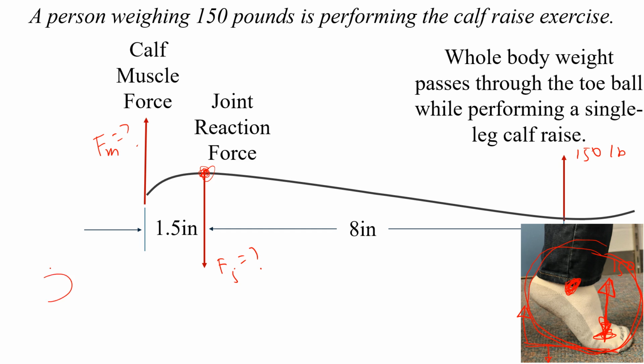So if you take, for example, moment counterclockwise positive, the sum of moments is zero. Let's say we're checking with respect to the ankle joint. This muscle force will make the whole foot move clockwise. As you can see, with respect to this pivot point, this muscle force right here pulling upward will make a clockwise moment. So that's going to be negative: muscle force times the distance from the joint, which is 1.15 inch.